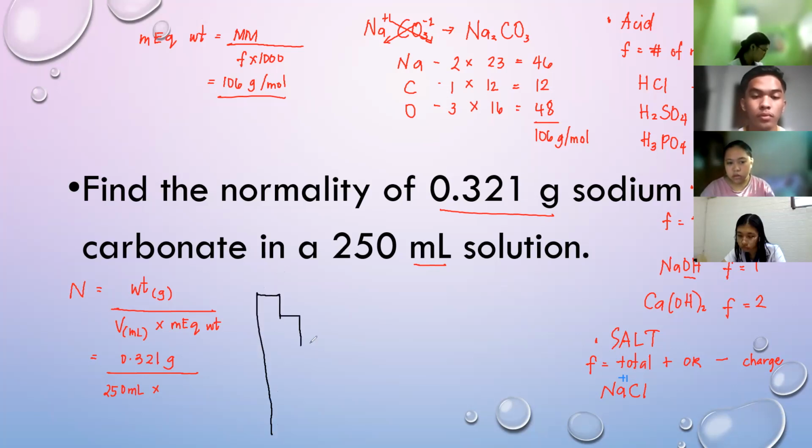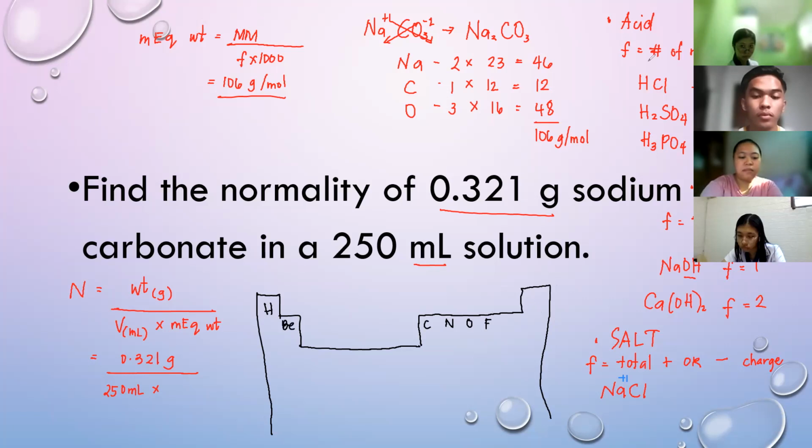So let me draw a periodic table. Siyempre, hindi ko lalagay lahat ng elements dyan. Ay, wait lang. Mali ito. Kailangan magpantay sila on the other side. Okay. So example, this is your periodic table class. You have hydrogen here. You have here the beryllium, boron, carbon, nitrogen, oxygen, fluorine, and you have the helium here.